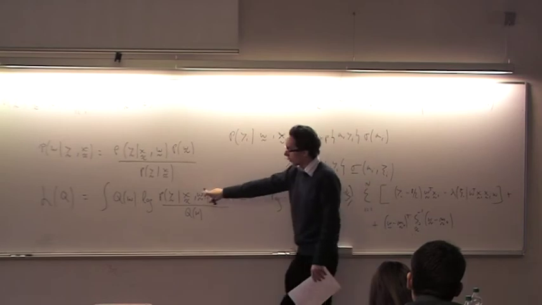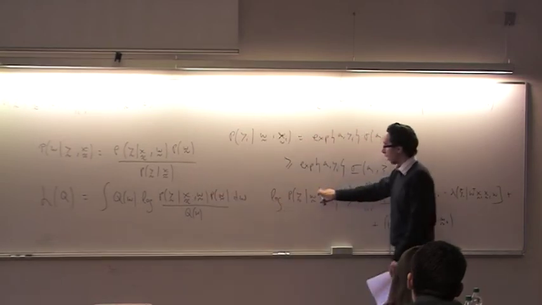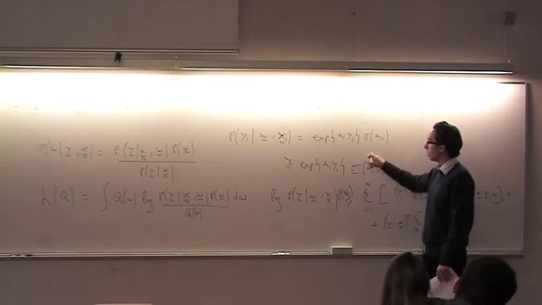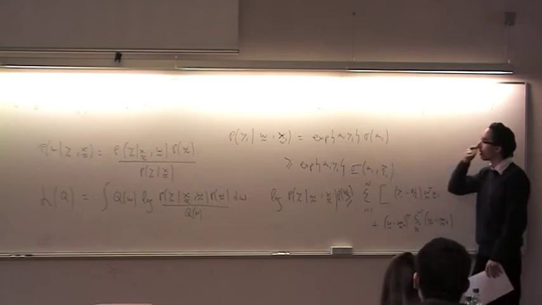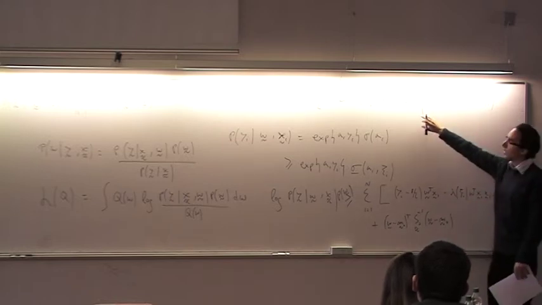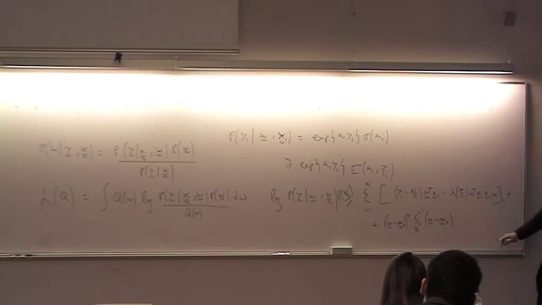I have here the log of the joint. I can introduce a lower bound on this log of the joint by making use of these lower bounds, and I finally get this expression just by replacing the definition of this lower bound.